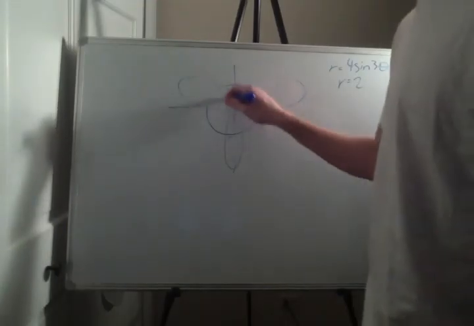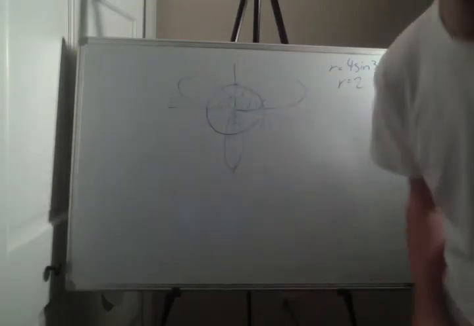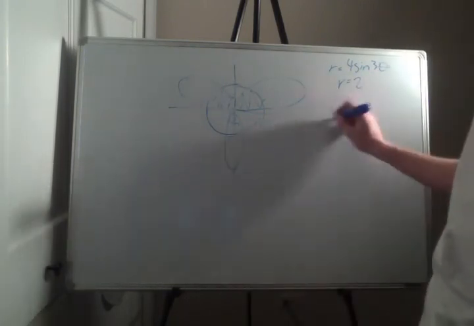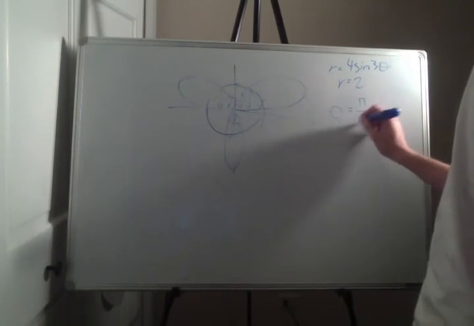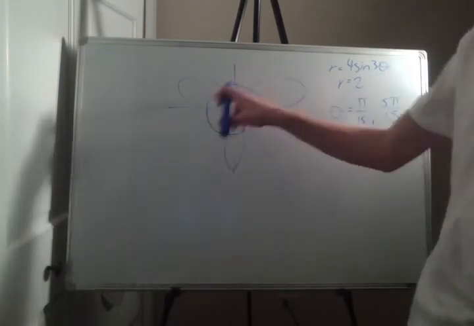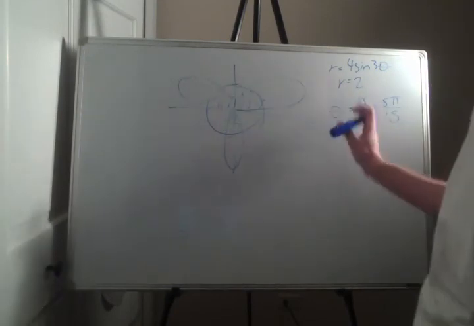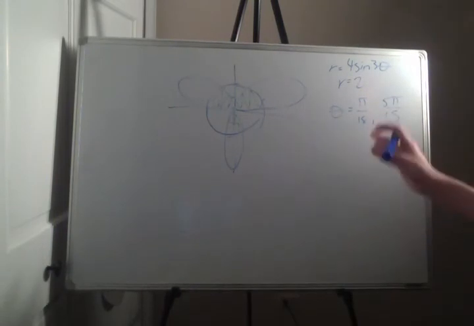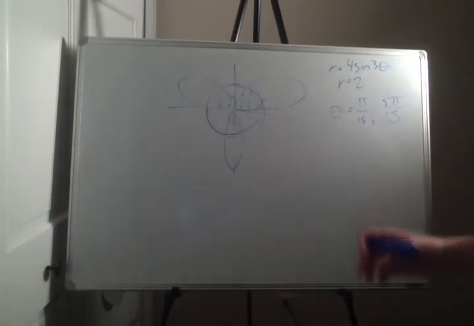So it'd be like this, and this. This is where it gets a little confusing. So we already found the intersection points to be at pi over 18 and 5 pi over 18, at least for this first one. You could find these two. This one would be pi minus both of these, and we could find these two, but we don't have to because we could just multiply it by 3 to get the area for all of them.